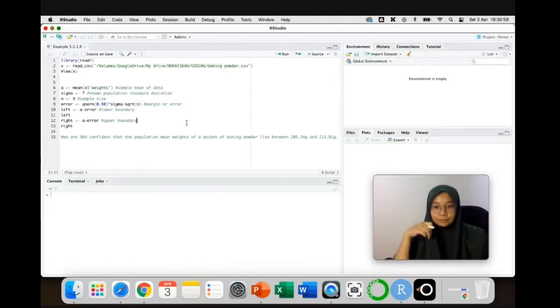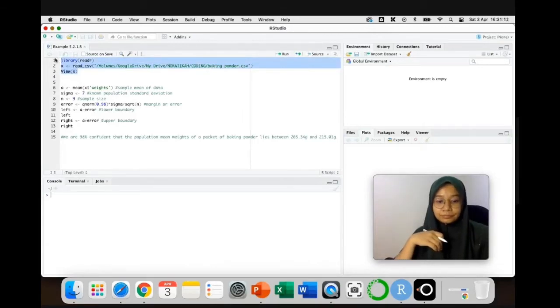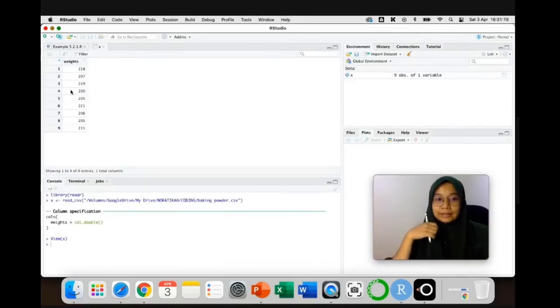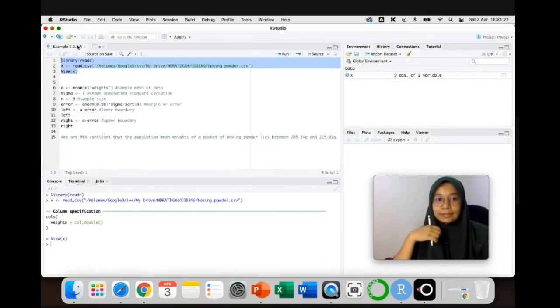Alright. So I have the baking powder data. For example 5.2.1, baking powder, this is my data. I have 9 packets, so I entered the data into Excel.